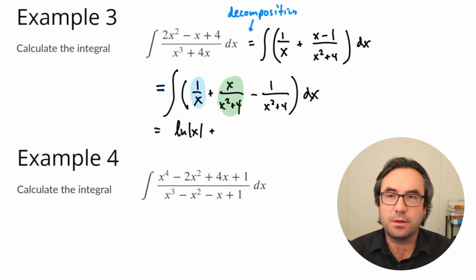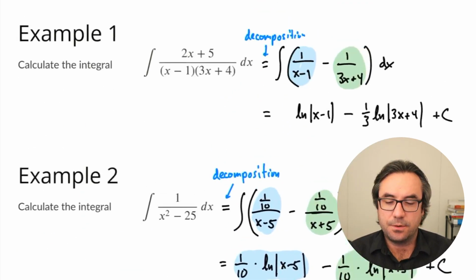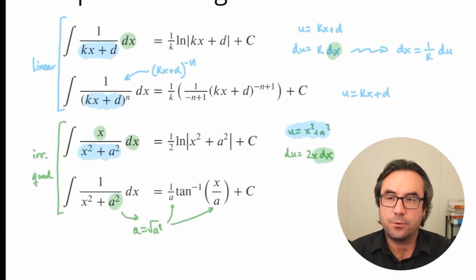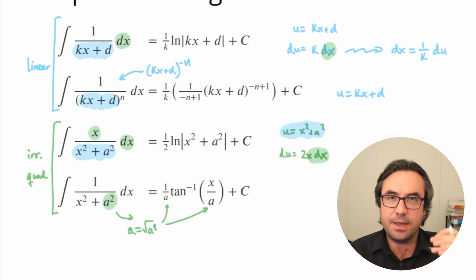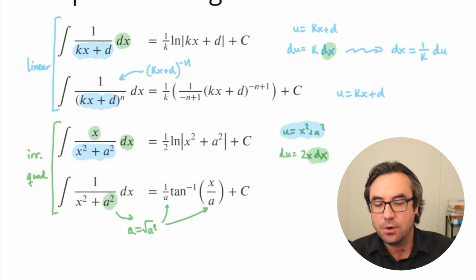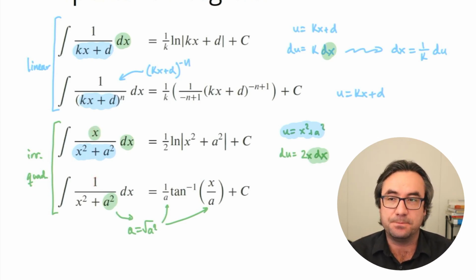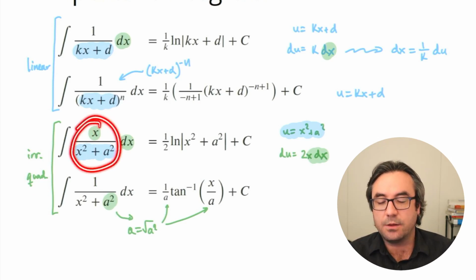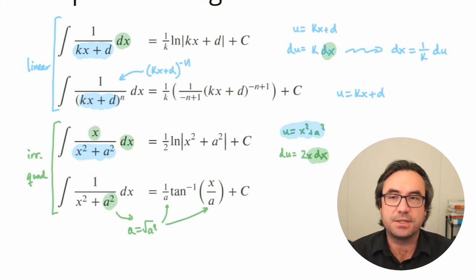Let's go back up to our list. When we did our integral list here, we had two integral rules for irreducible quadratics. One of them had an x in the top, one of them had a 1 in the top of our fraction. So we want to look at this one, x over x squared plus a squared.